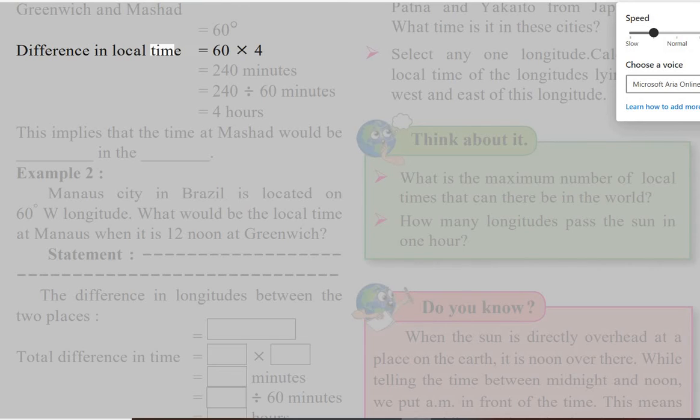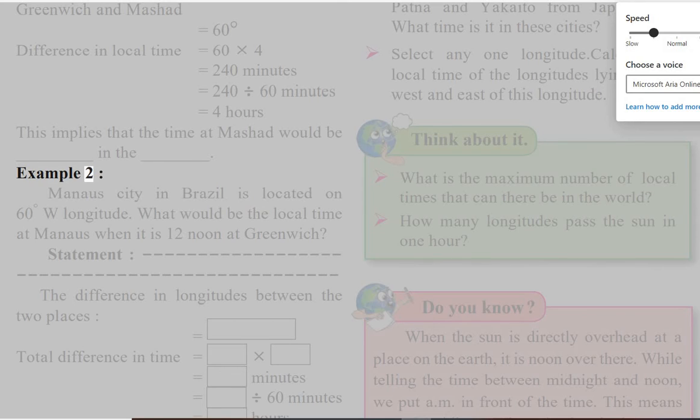Difference in local time equals 60 x 4 equals 240 minutes equals 240 divided by 60 equals 4 hours. This implies that the time at Mashhad would be ____ in the ____.